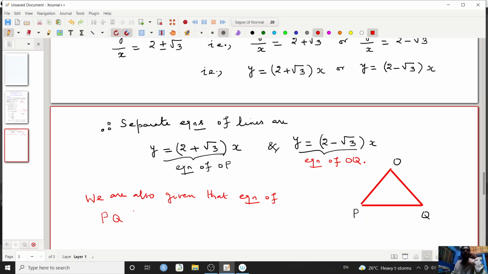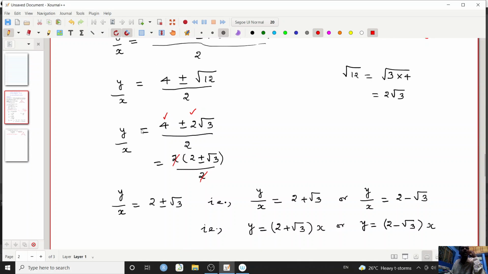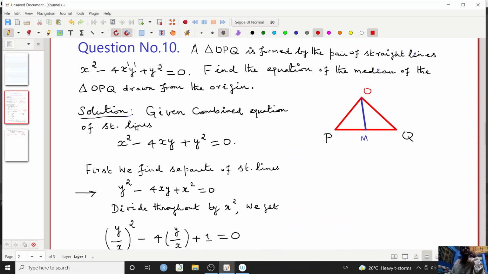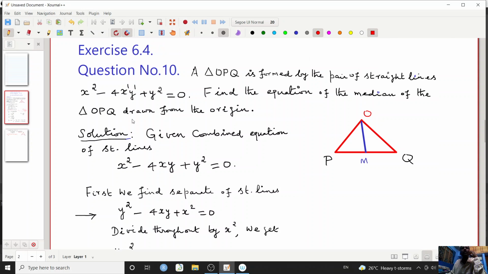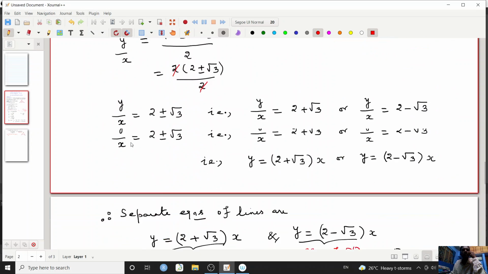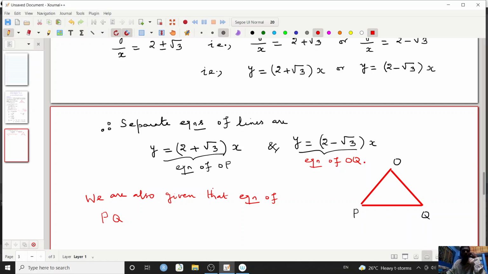When you go back to the problem you will see the equation of PQ is given to be x + y − 2, not q, it is minus 2. So x + y − 2 = 0. This is given in the question.